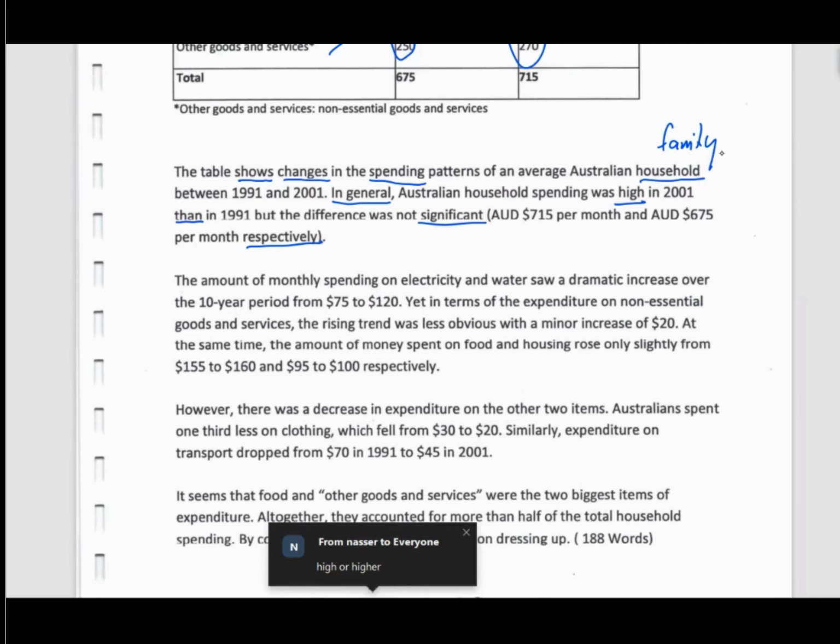So the table shows changes in the spending patterns of an average Australian household between 1991 and 2001. Full stop. That's the paraphrasing of the question. The overview sentence says, in general, Australian household spending was higher in 2001 than in 1991, but the difference was not significant.